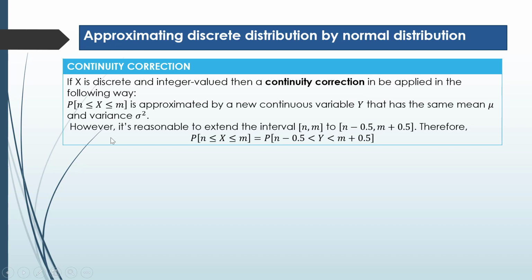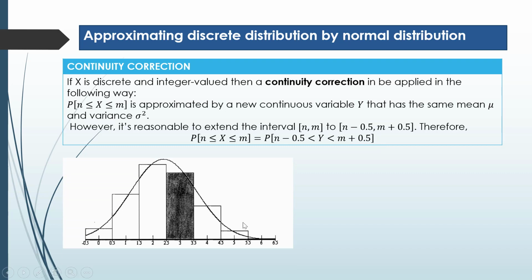However, it's reasonable to extend the interval n to m to n minus 0.5, m plus 0.5. I'm going to explain more about why we extend this in a couple more examples. Going from discrete to continuous, we have to correct the continuity. That's why we extend this interval to a slightly bigger interval that covers the old interval. So the probability n less than or equal to x less than or equal to m is the probability that n minus 0.5 less than z less than m plus 0.5.